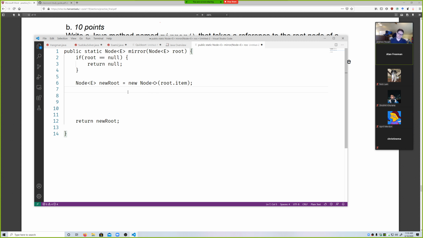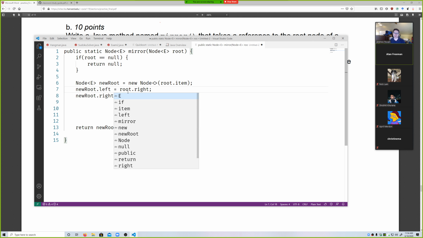First off, to be very clear about this, newRoot's left child should be equal to the root's right child. And my right child should be equal to the original's left child.